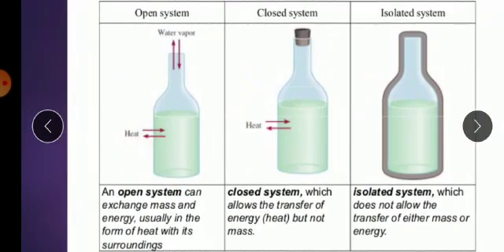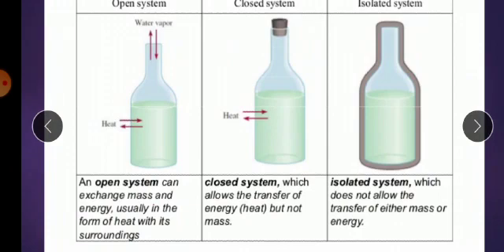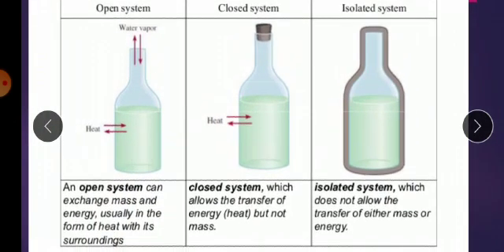The open system exchanges mass as well as energy, usually in the form of heat, with its surroundings. You can take a water bottle or a tumbler of water. You can exchange the matter, and you can touch it and feel whether it is hot or cold, isn't it? That is the open system, which can exchange both matter as well as energy. It is an open water can or open tumbler or anything else.